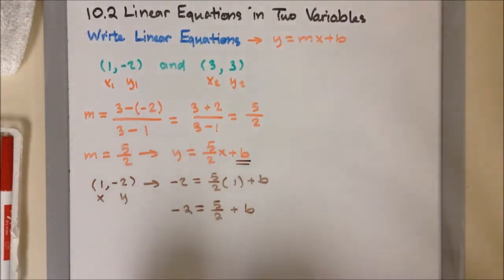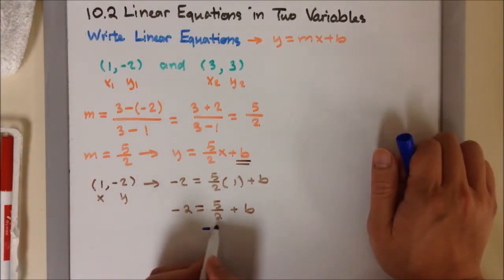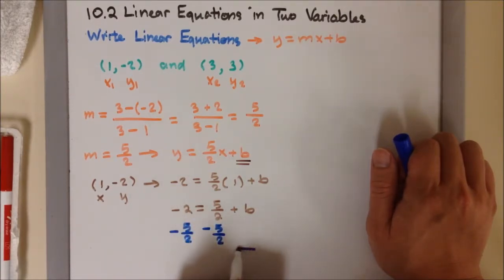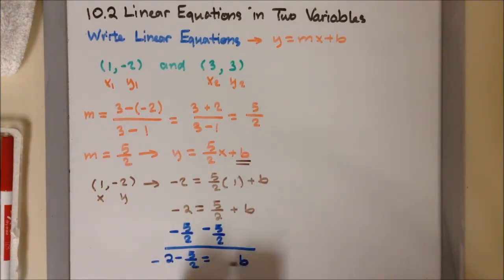Now, in order to solve for b, I need to get it by itself. So I'm going to cancel out 5 half. I'm going to subtract 5 half on both sides. On the left side it's going to be negative 2 minus 5 half, which will equal b, because the 5 half cancels out on the right side.